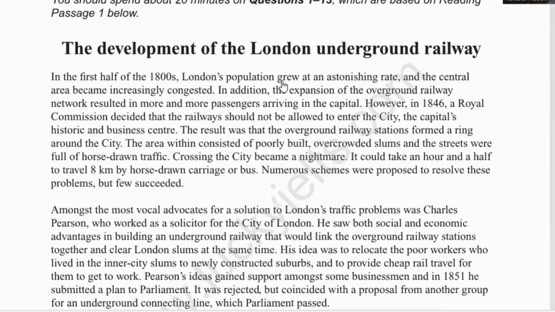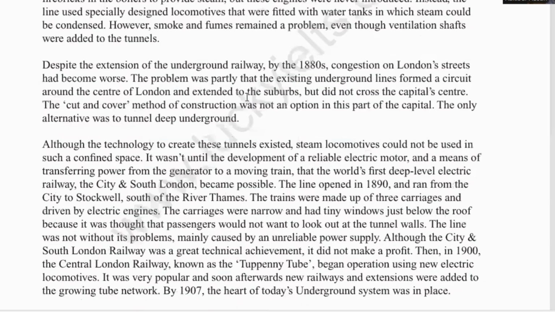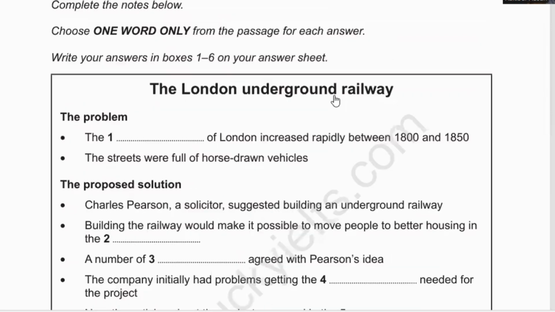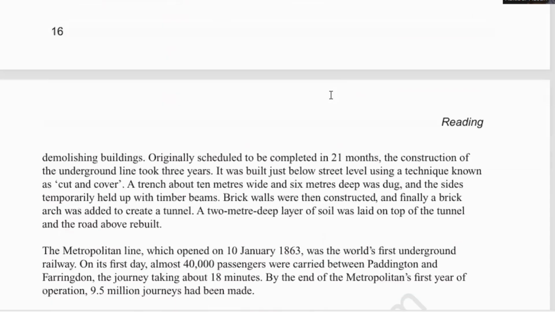The London's population grew at an astonishing rate. They have the answer. Grew means growing or increasing. What is the synonym of this? The synonym is increased. What is the synonym of rapidly in the passage?